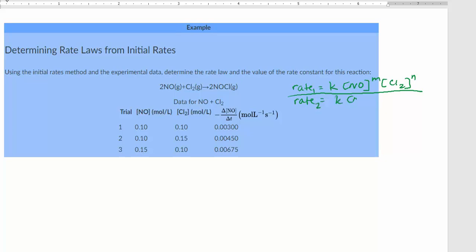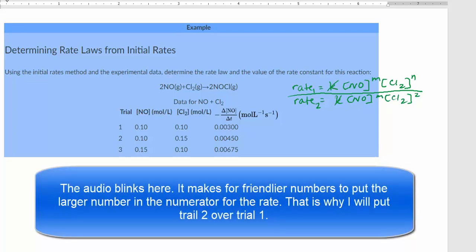And when something is the same, we can cancel it out. So let's use the rate of 1 and 2. Now typically it would be ratio 1 to 2, but we're going to use 2 to 1. It just makes it easier to see later on.